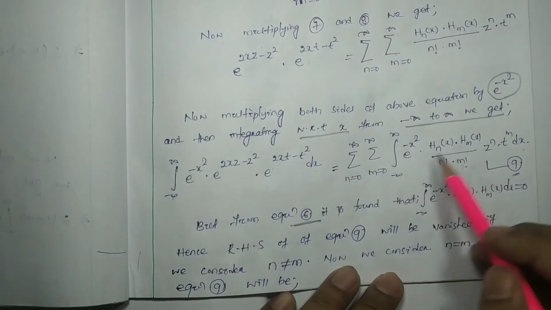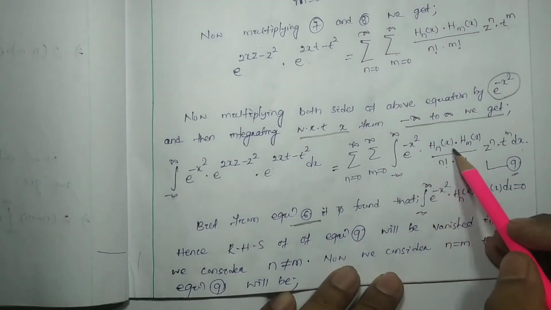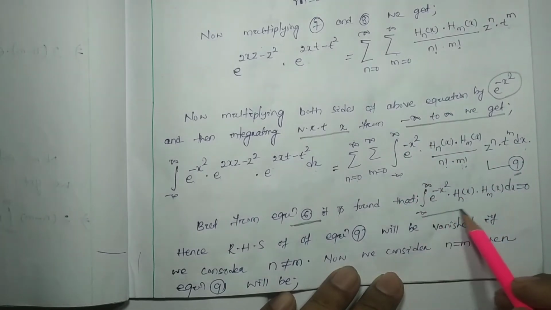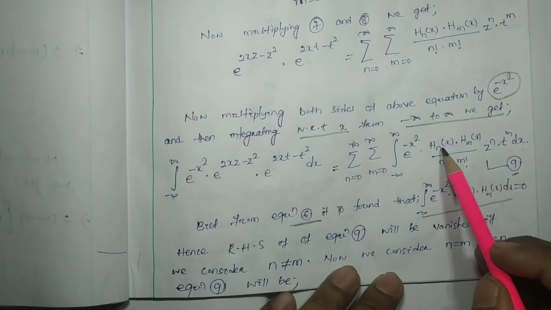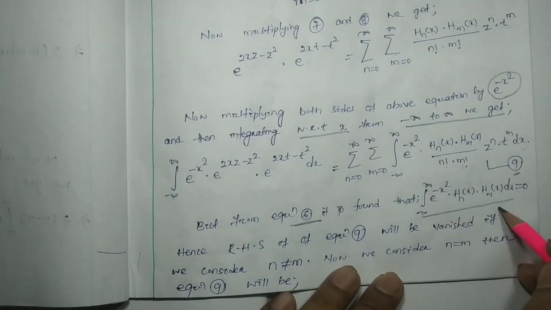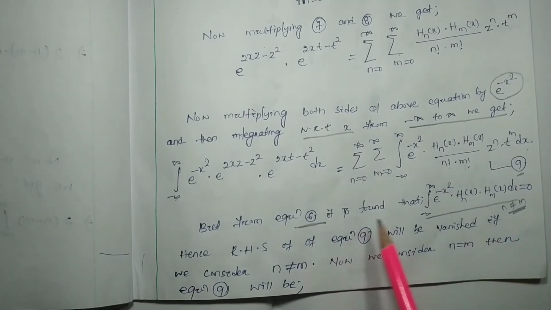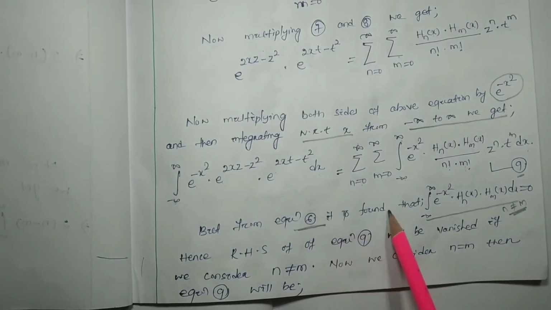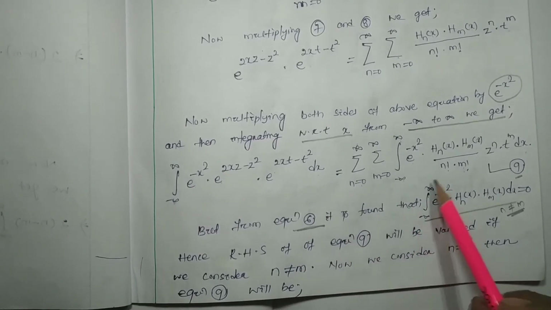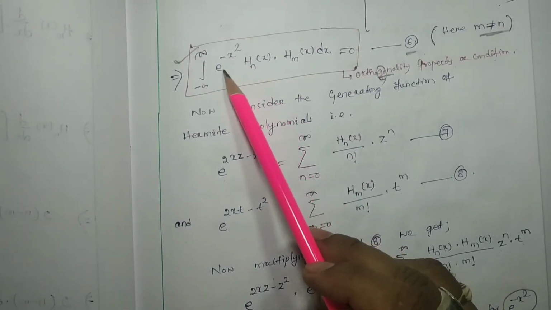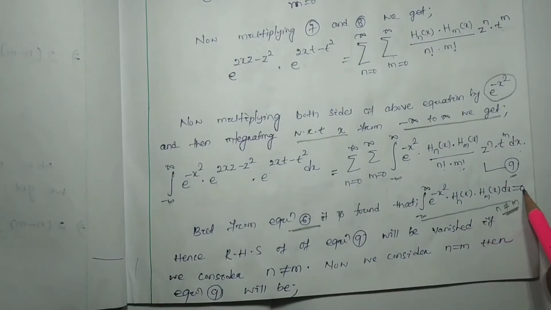So this integration, e to the power minus x square Hn(x) into Hm(x), will be equal to 0 because here n is not equal to m. I wrote that from equation number 6 it is found that this integration from minus infinity to plus infinity of e to the power minus x square Hn(x) into Hm(x) dx is equal to 0.